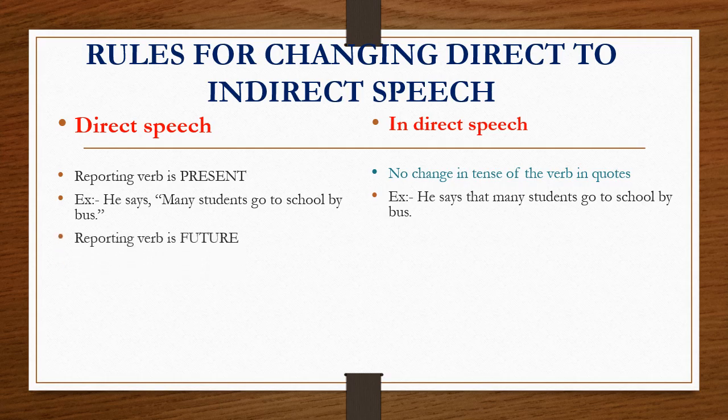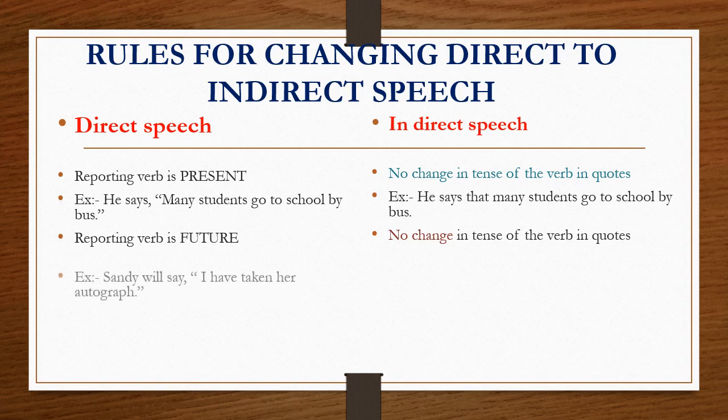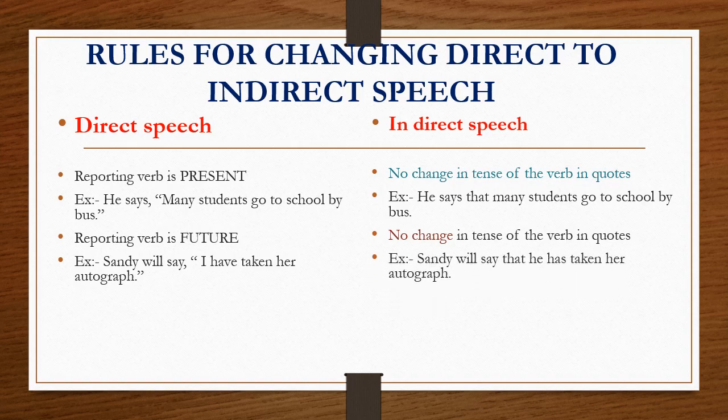Now, if the reporting verb is in future tense, then also there is no change in the tense of the verb in the quotes. Let us see the example. Sandy will say, "I have taken her autograph." Here the reporting verb is will say, which is in future tense. In indirect speech, Sandy will say that he has taken her autograph.